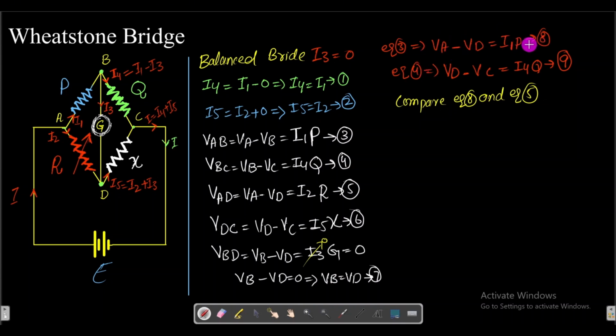So the left sides of these two equations are the same, therefore the right sides will also be the same. So the right side of equation 8, I1 P, is equal to the right side of equation 5, I2 R. Let's say this is equation 10.